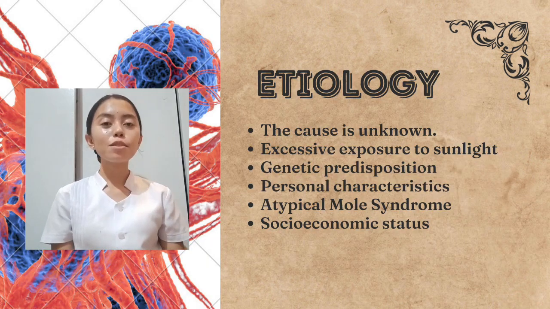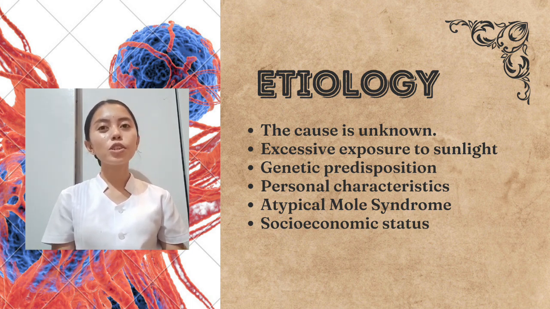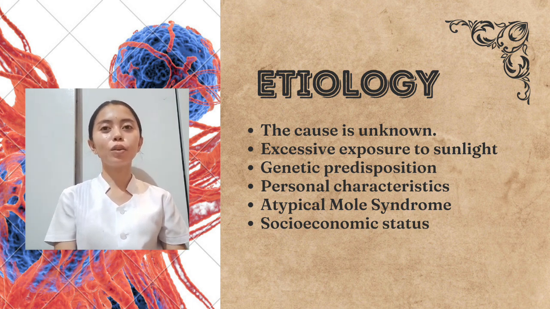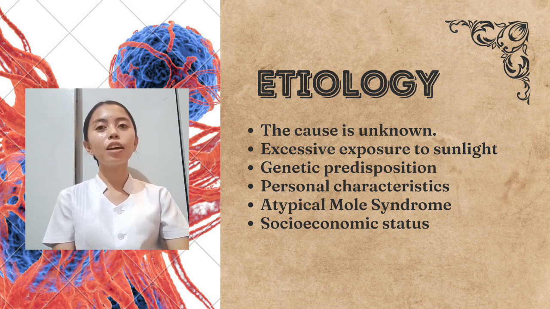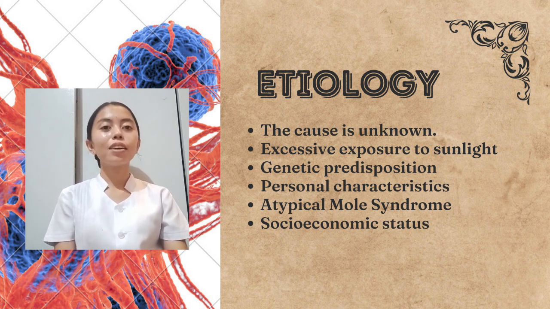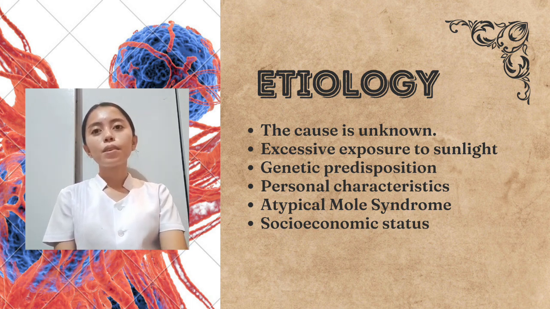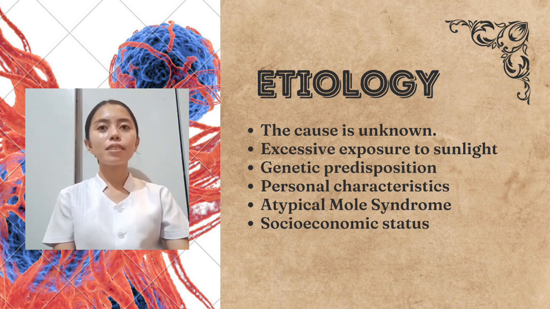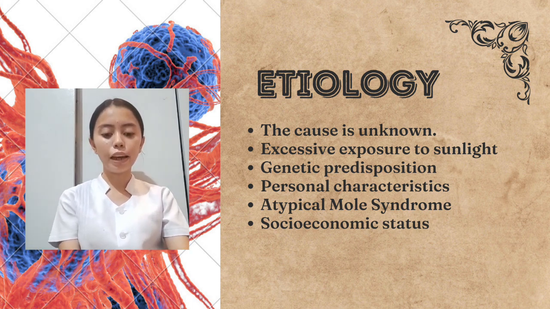Okay, so let us proceed to the etiology or the cause of this skin cancer. So, malignant melanoma is idiopathic, which means the cause is unknown. But there are several factors relating to the cause of this skin cancer. So, one of these is the excessive exposure to sunlight.